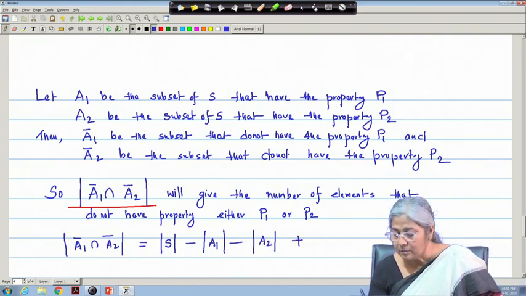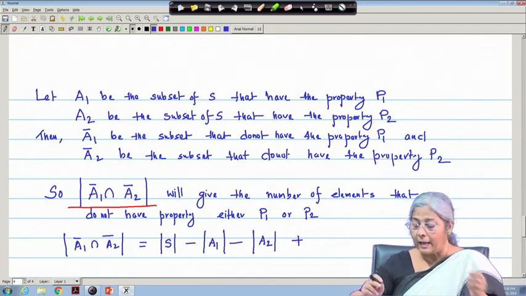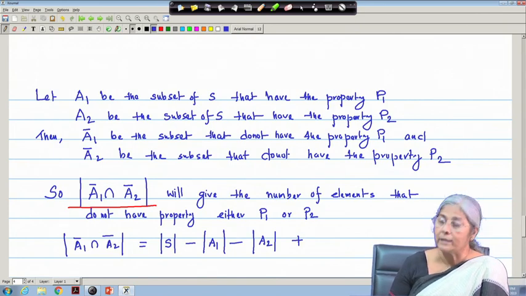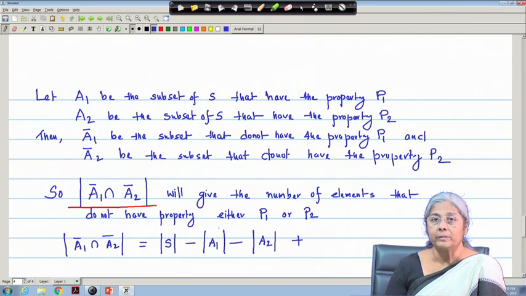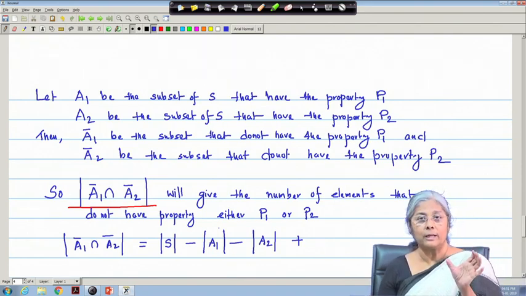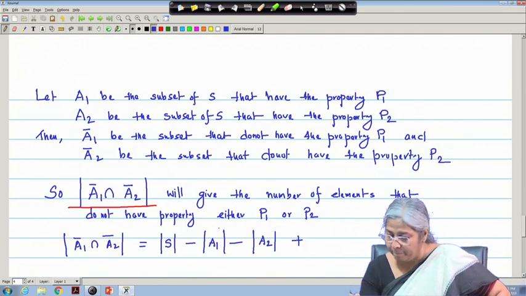Now, there exist some elements which have both properties, and we have counted that number twice, because once we have considered it in A1, in A2 also we have considered it.